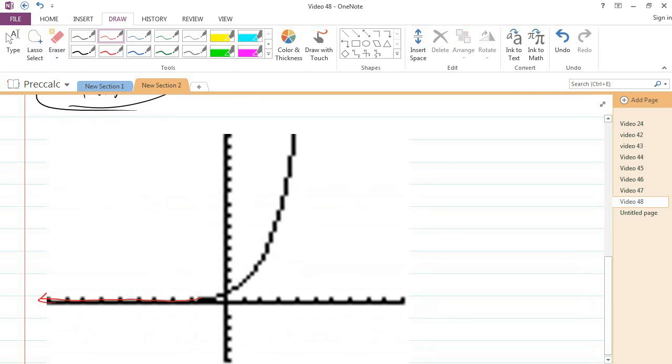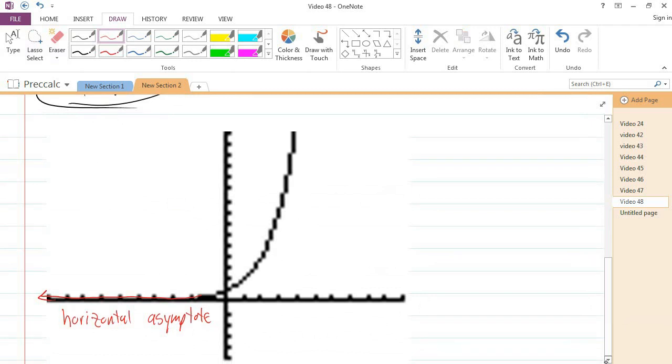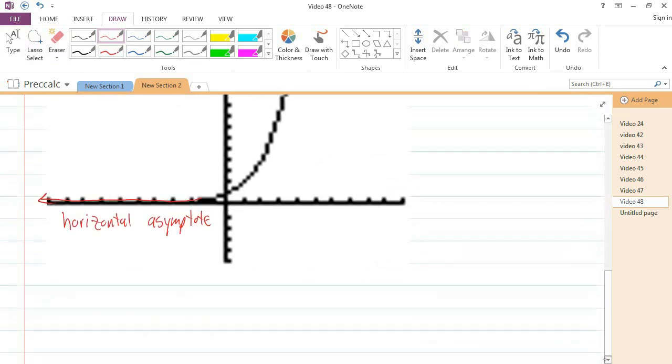On one side of every exponential graph is a horizontal asymptote, a line beyond which the graph can never cross. Okay, and as a default, the horizontal asymptote starts off at the x-axis.